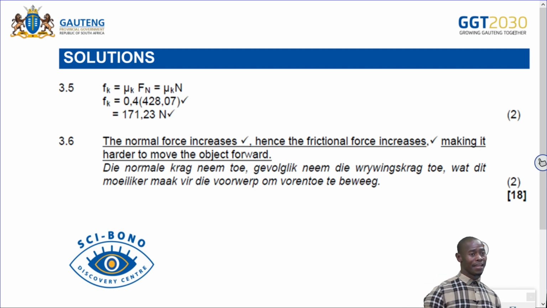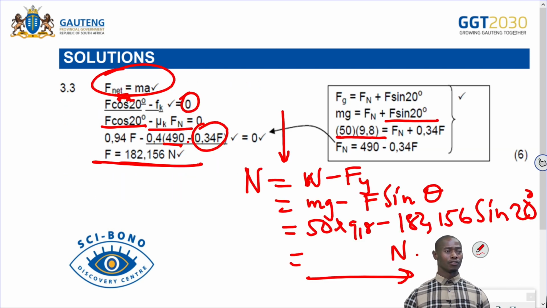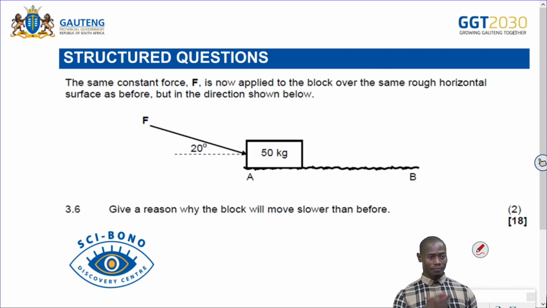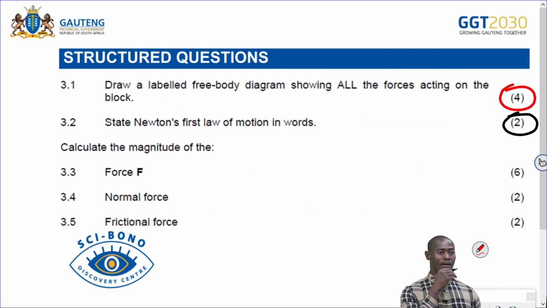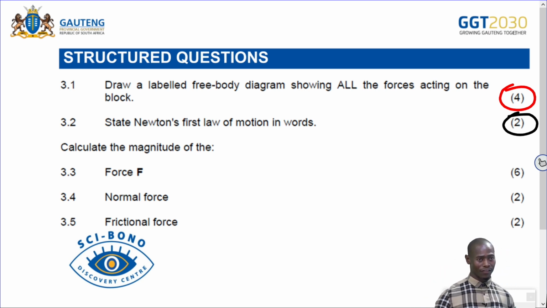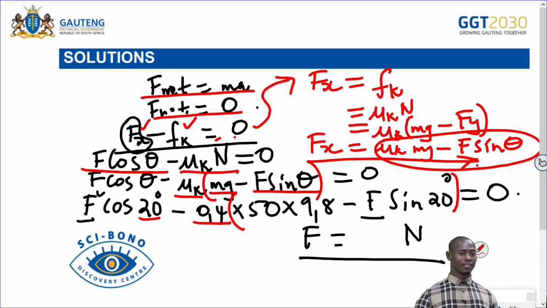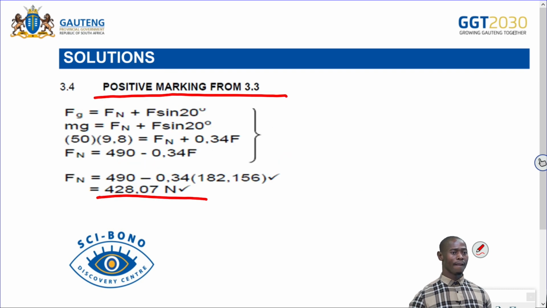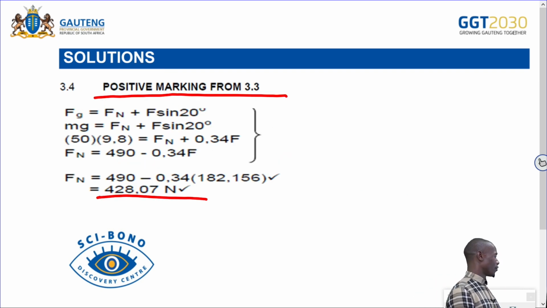All right. Then another question here, which is your 3.4. Let's check the 3.4 here. They want the frictional force. Already we have the magnitude of the normal force. This is the magnitude of the normal force, right?